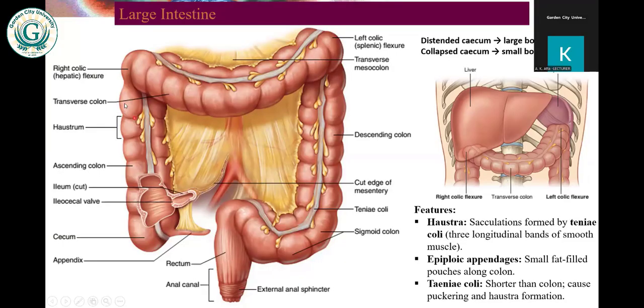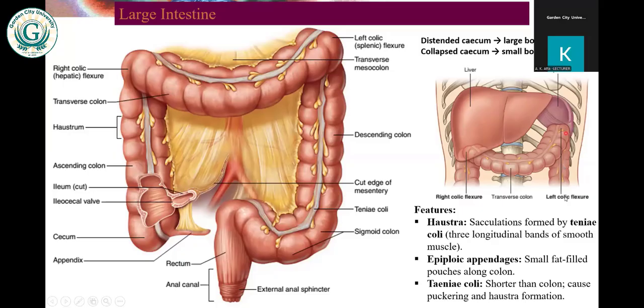Now, when the ascending colon turns, where it turns is where we have the liver. So that turn is what we call the right colic flexure. And because the turn is where we have the liver, we can also call it the hepatic flexure. Then the transverse colon also turns here, where we have the spleen.